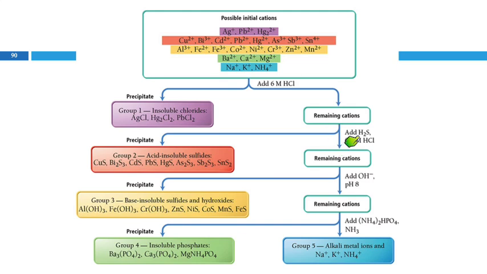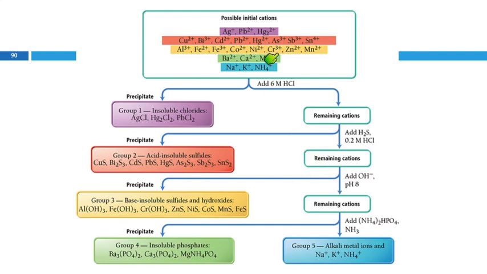Then we could add hydrogen sulfide and 0.2 molar HCl, and that would precipitate out this group of cations. These are called the acid-insoluble sulfides. So for these cations, the sulfides are not very soluble in an acidic solution.